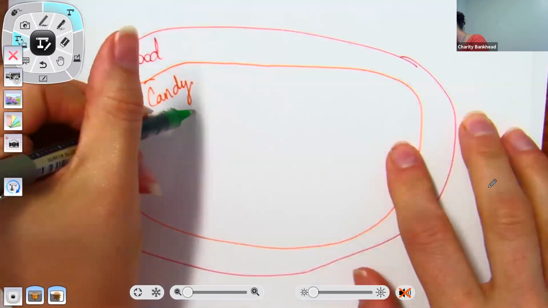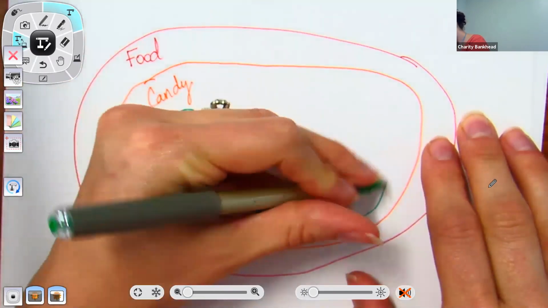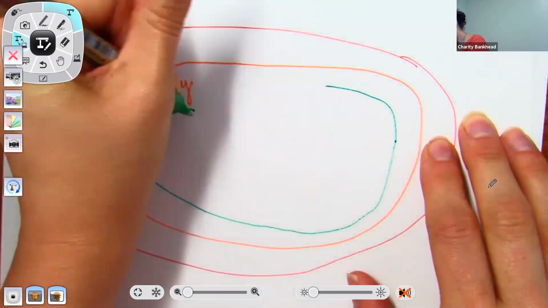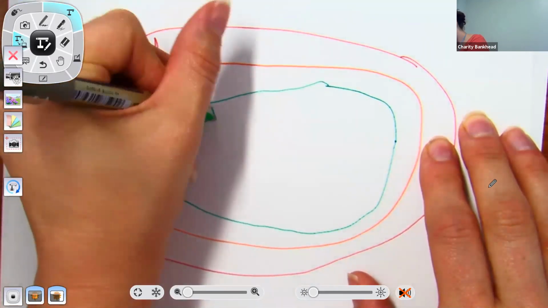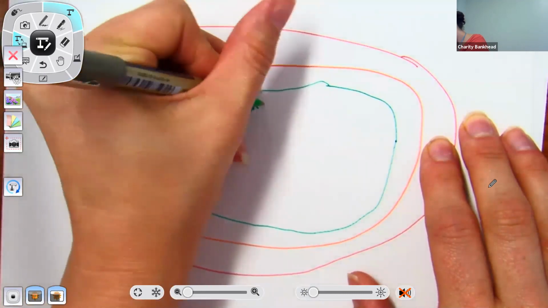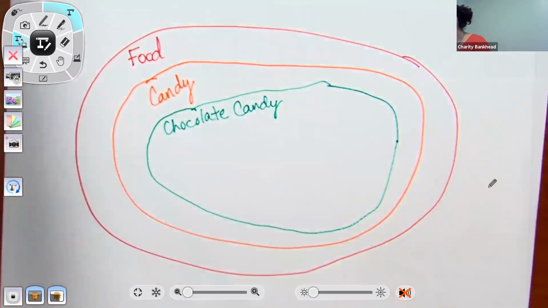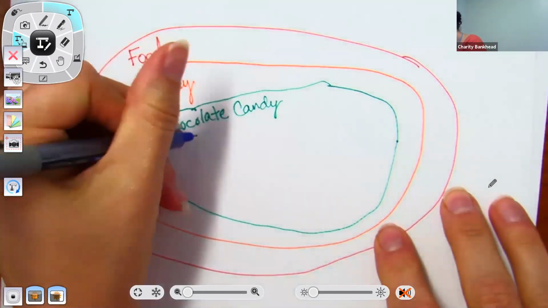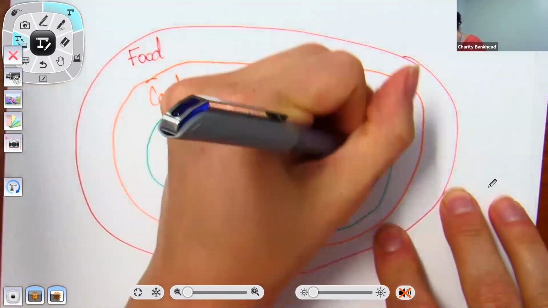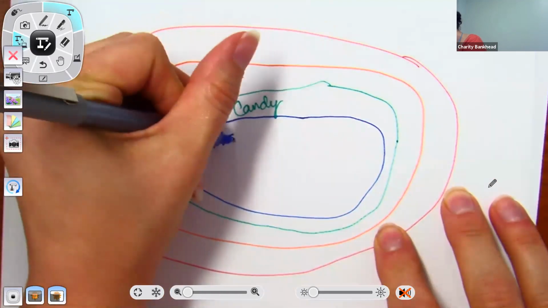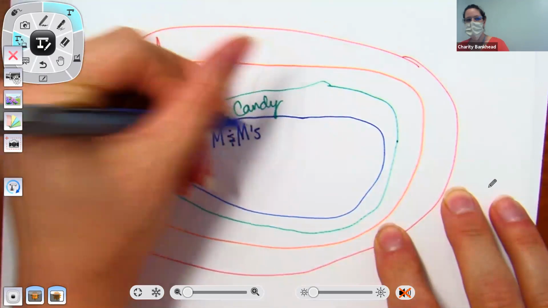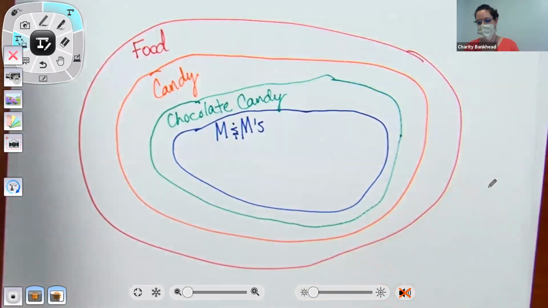And then one for chocolate candy. And then this one's going to be M&Ms. So see how we're getting more and more specific.